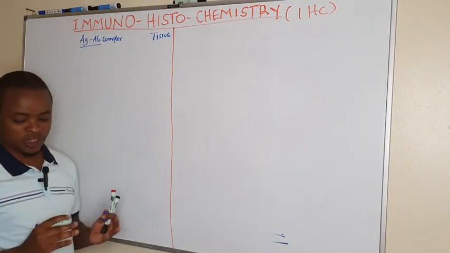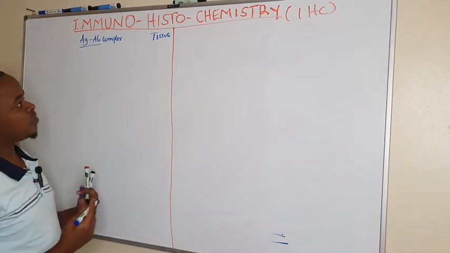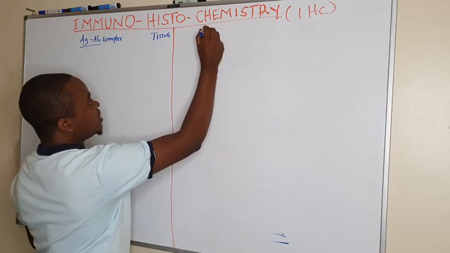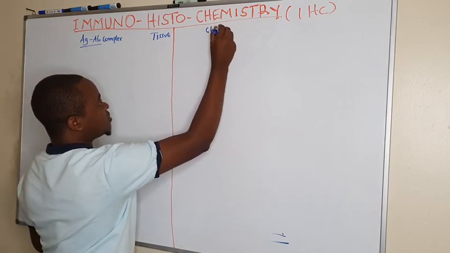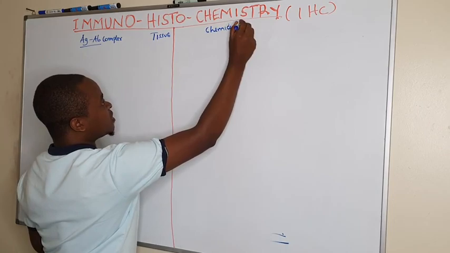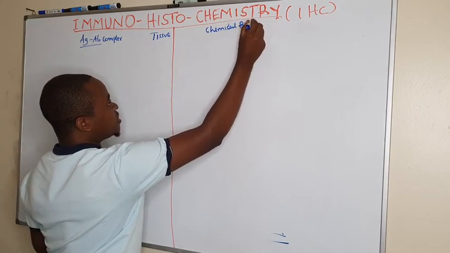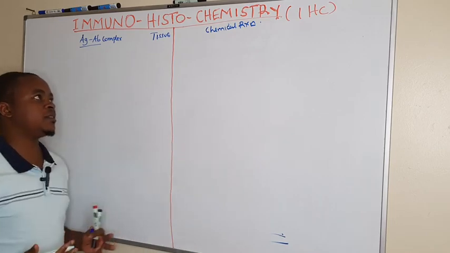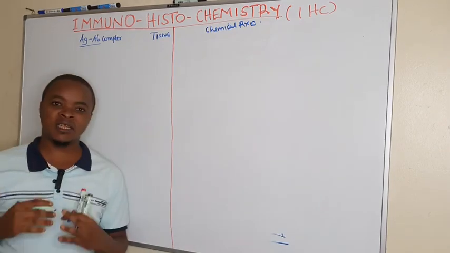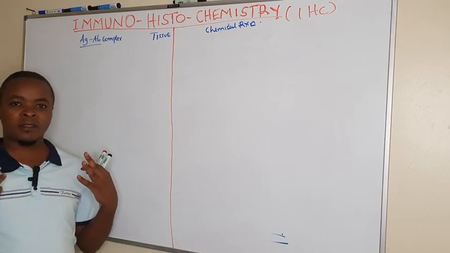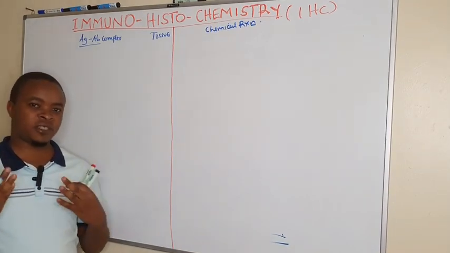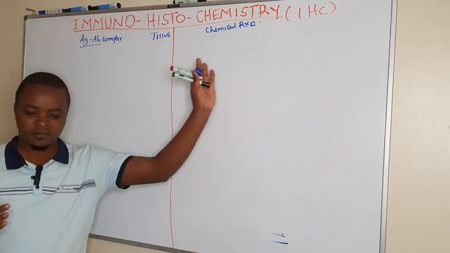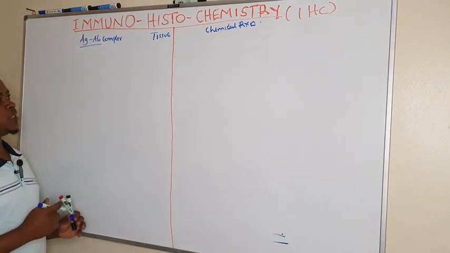Then chemistry means it involves chemical reactions. This one involves chemical reactions by use of chemicals like dyes. We're going to see fluorescence dyes, enzymes, then different chemicals which are involved. That's why we call it chemistry.